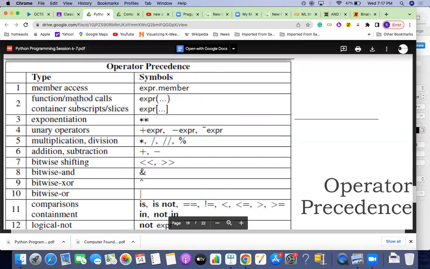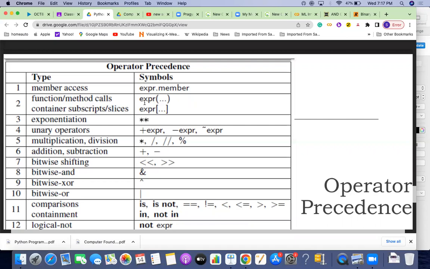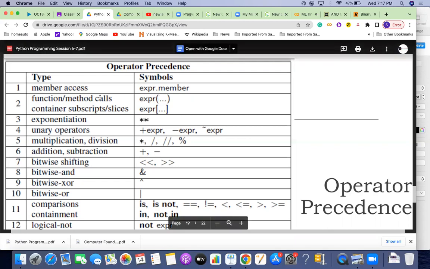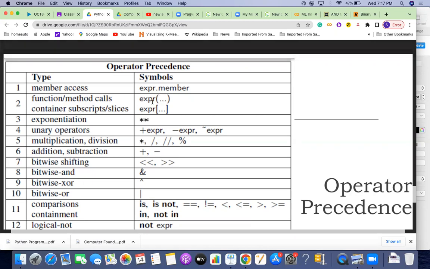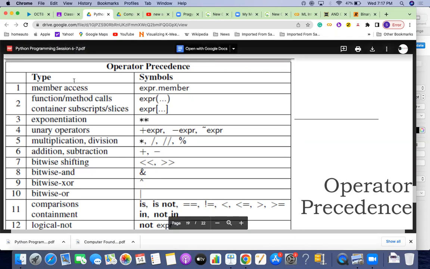The second preference is method or function calls, where you call a function passing a parameter, and also splitting or subscription or slicing. I will explain these when I explain lists and function methods. These two things are called the second preference.